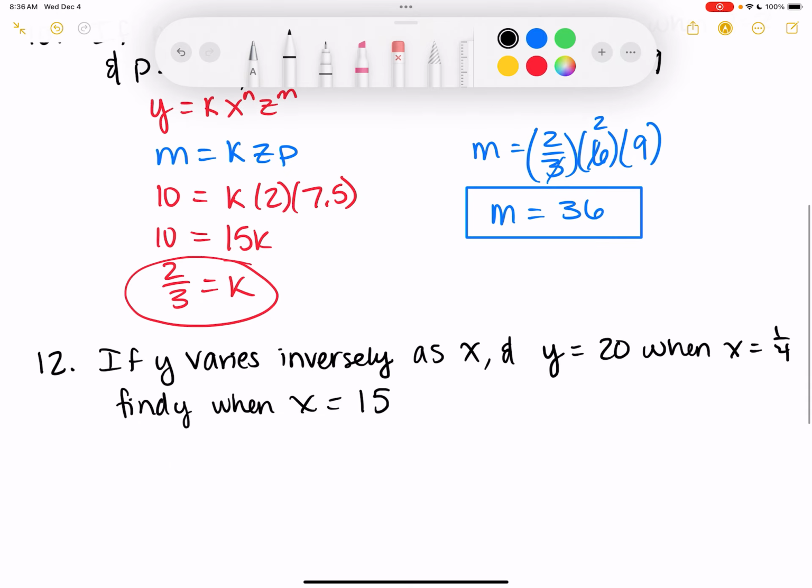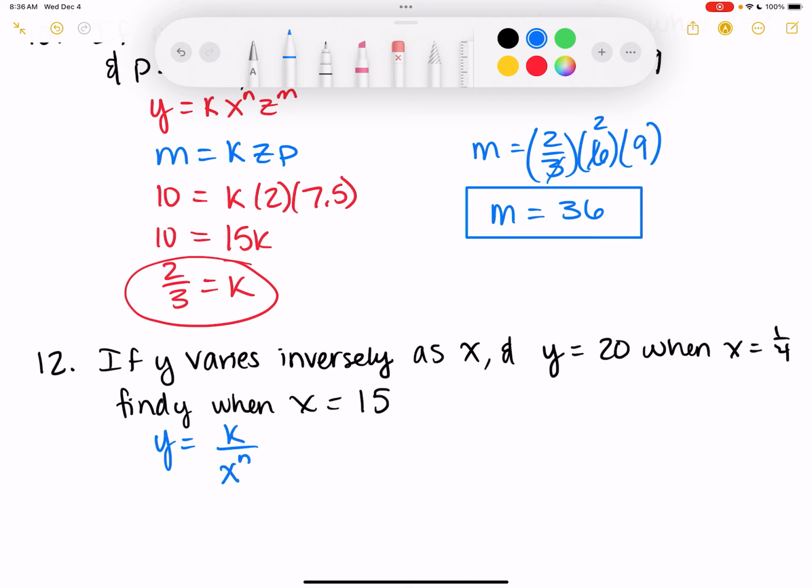So this one is inverse variation. The formula for inverse variation involves a fraction. Anytime you hear inverse, you should think of a fraction or 1 over something. Typically, the formula for this one is y equals k over x to the n.